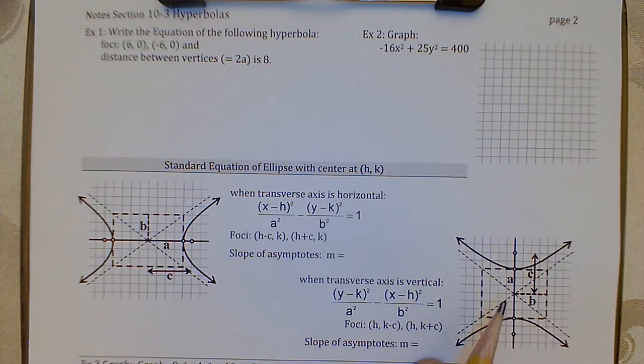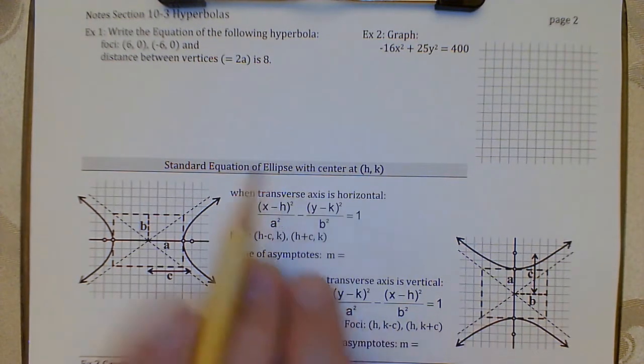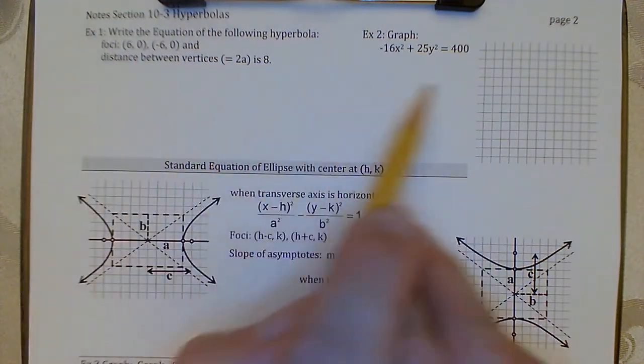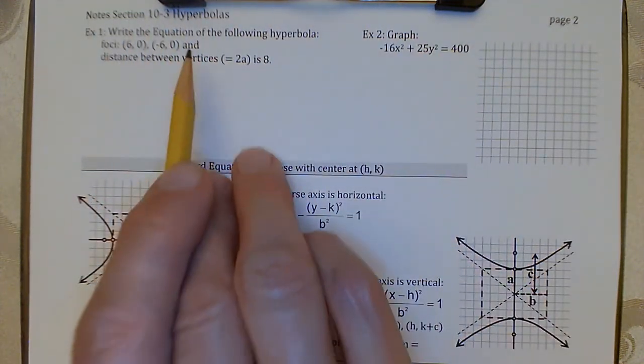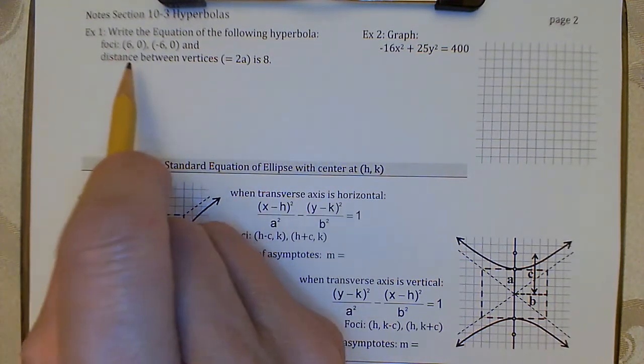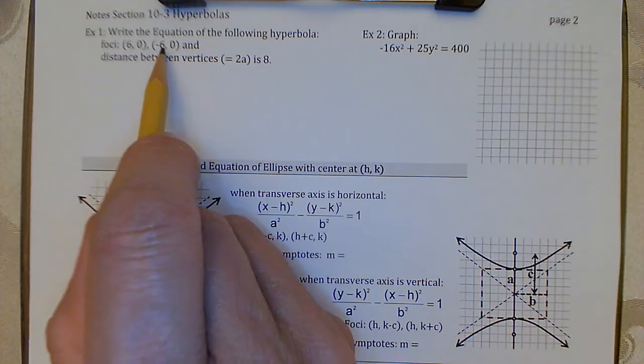All right, moving on to page 2 of our notes for hyperbolas. Example 1. Now again, these are centered at the origin. In this case, it's pretty easy to see because the foci are at 6, 0 and negative 6, 0.